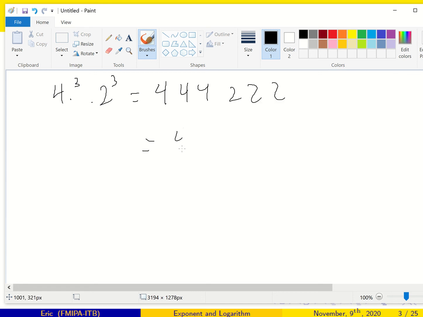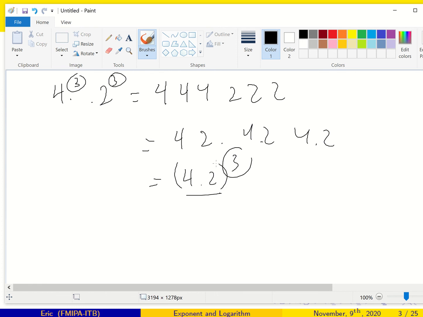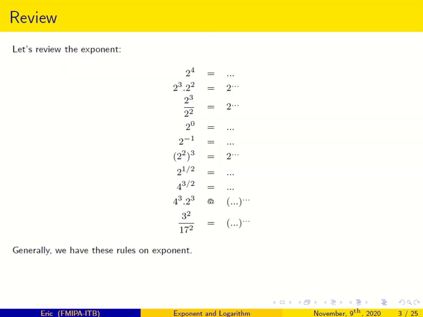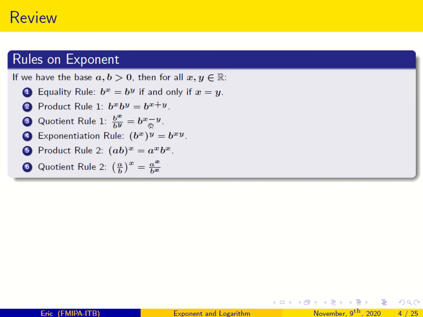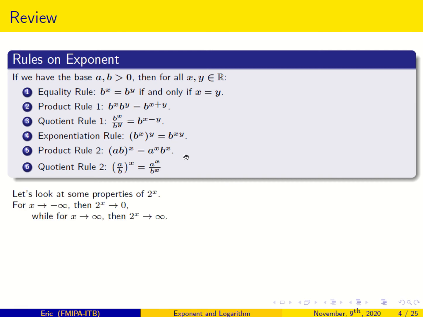I can regroup this as 4 times 2, three times. So for the same exponent, I can use the multiplication, and the division also, and I have this rule. This is the same as what we have already discussed.